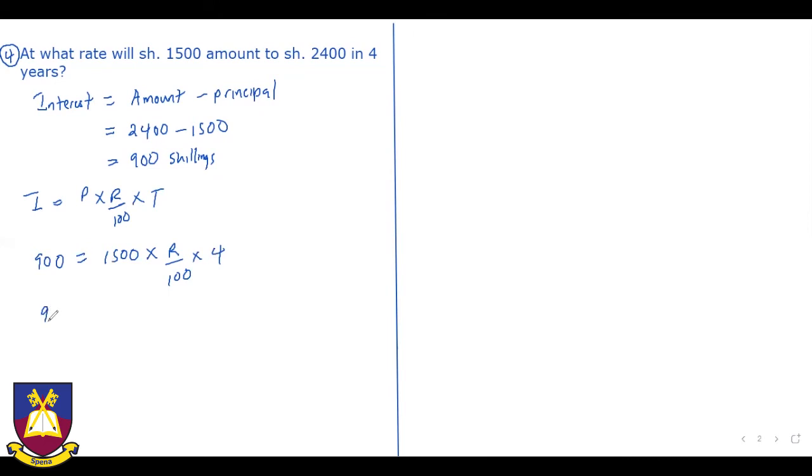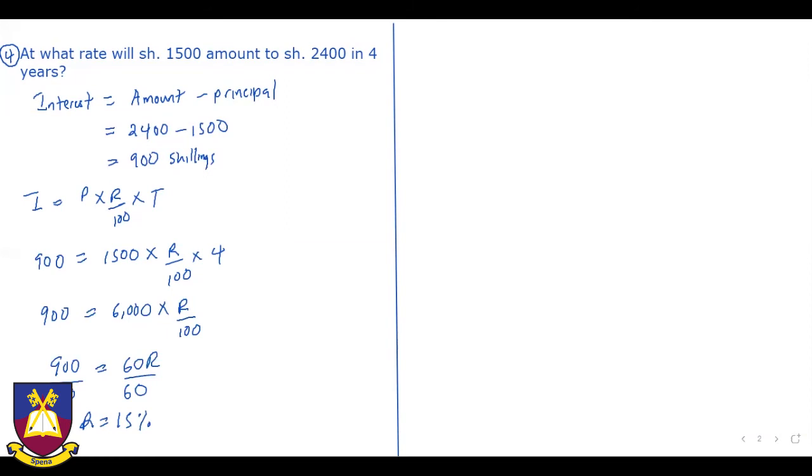So 900 is equal to this times this, gives us 6,000 times R out of 100. These two zeros cancel. We have 900 is equal to 60 R. And when we divide through by 60, our R becomes 15. So the interest rate is 15%.